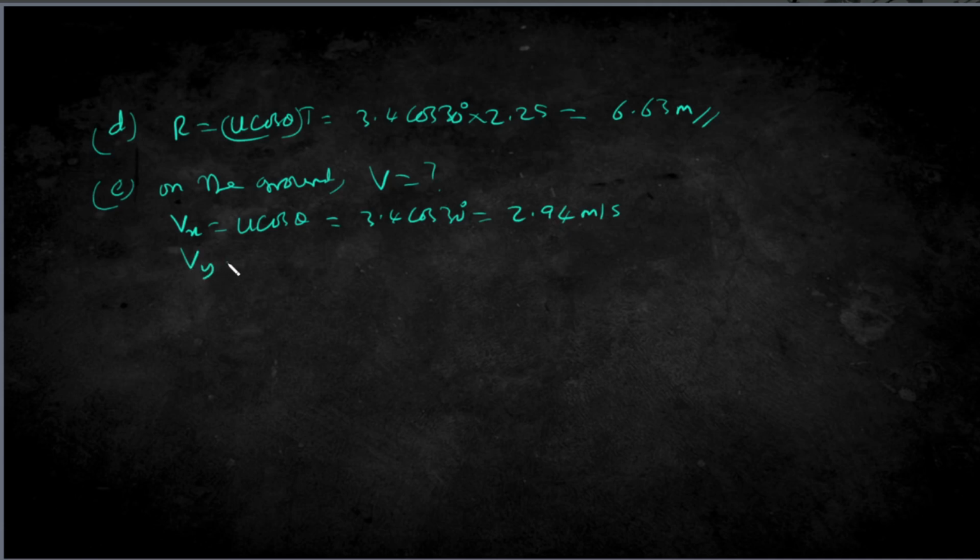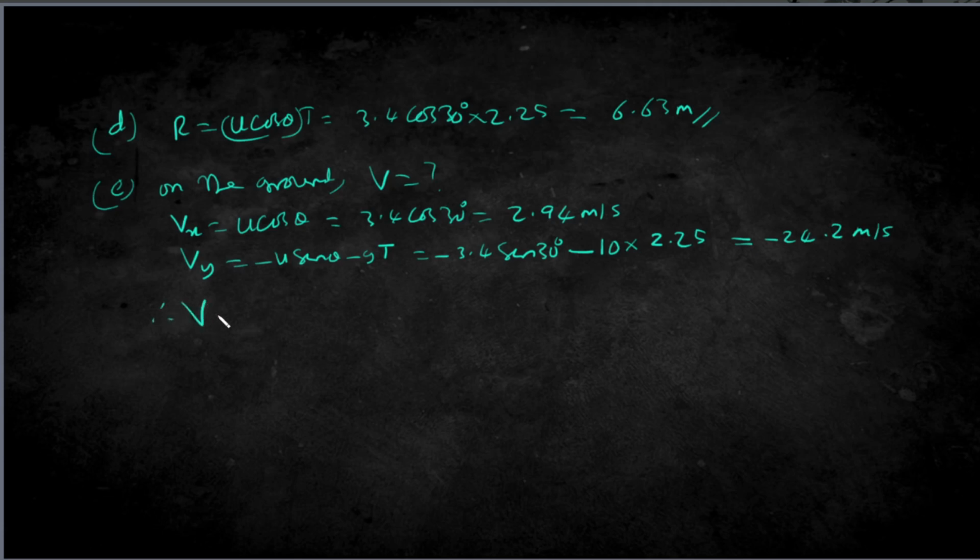Then velocity along y is going to be minus u sine theta minus g capital T. That is time of flight. Minus u is 3.4. Theta is 30 degrees. G is 10. And time of flight is actually 2.25. Multiply and then you add. You are going to get minus 24.2 meter per second.